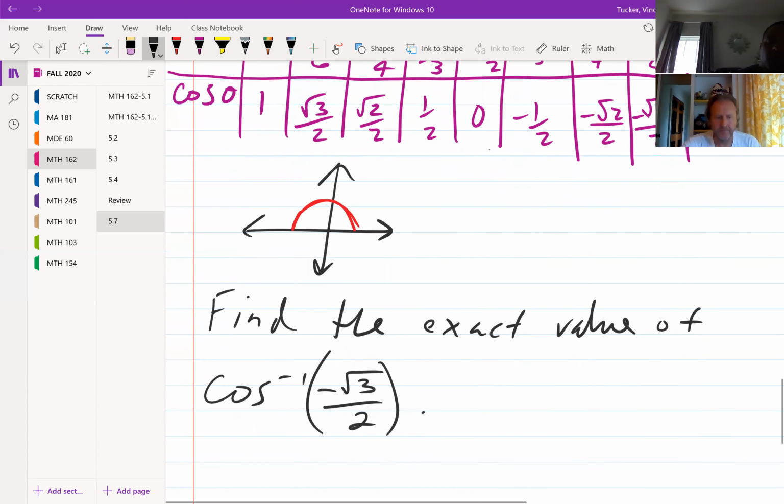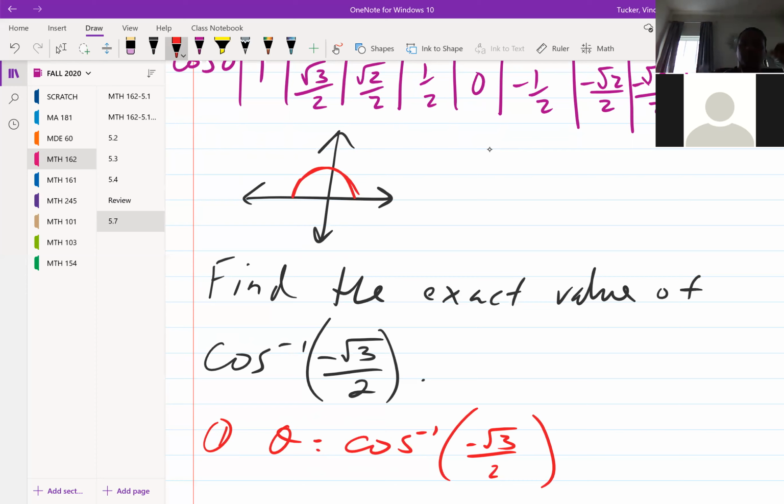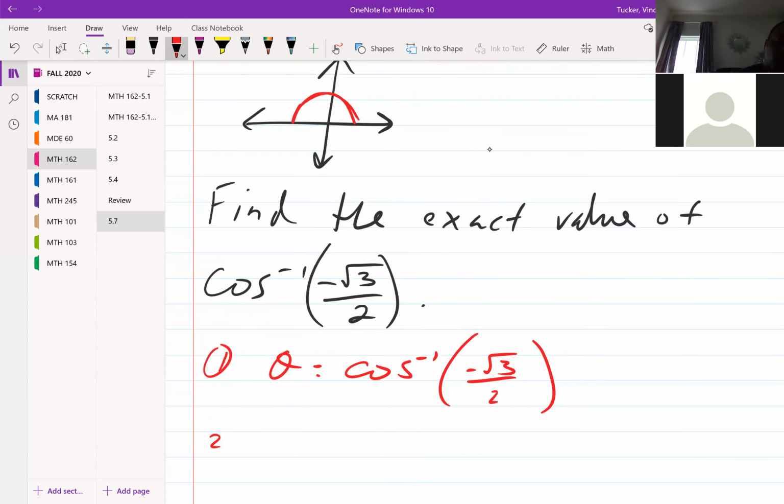All right. So we'll look at the exact value of cosine inverse of -√3/2. So the first thing we do, set it up this way. And we look at it this way, cosine theta is equal to -√3/2.